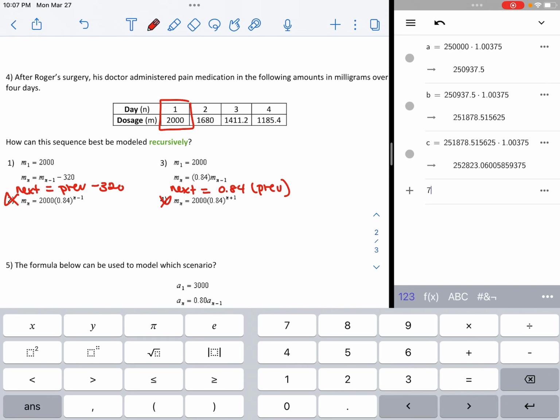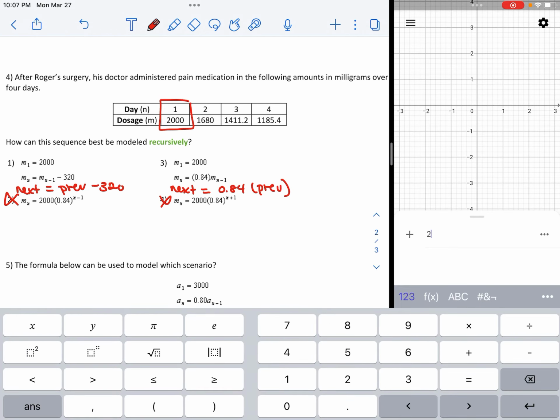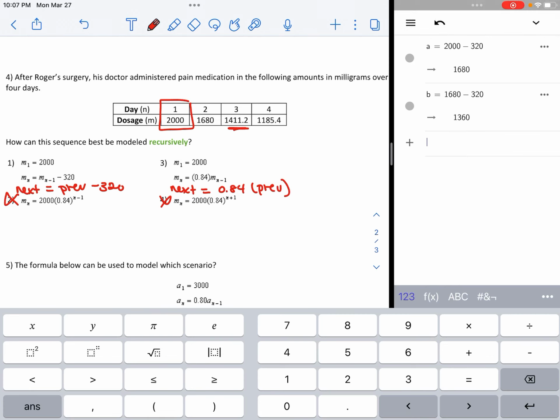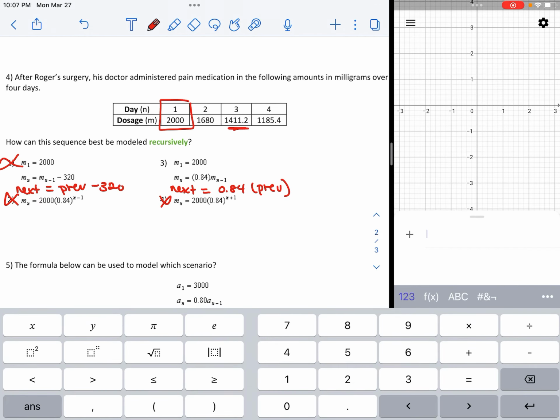So let's try the first one. If I start with 2,000 and I subtract 320, that gives me 1680. Take the answer, subtract 320, that gives me 1360. The next term should have been 1411. So it looks like choice 1 is incorrect also, but let's check choice 3.